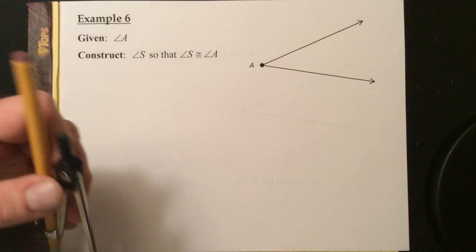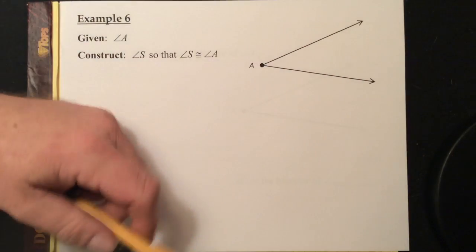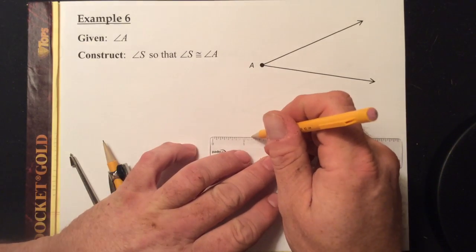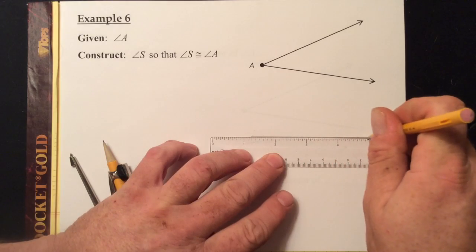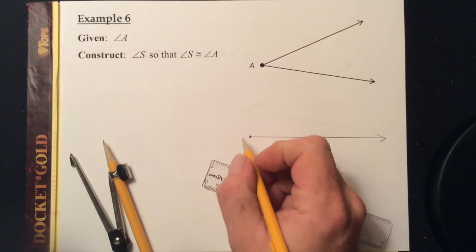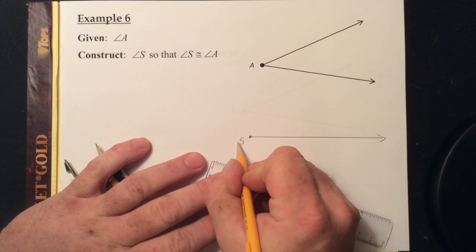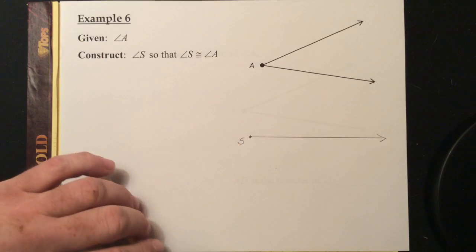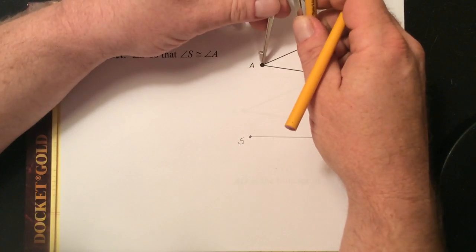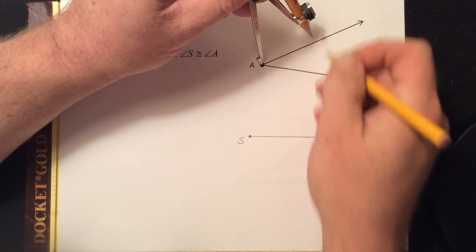To do this, using only a straight edge and compass, the first thing we do is draw a ray. It can be in any direction you want, but it needs to be longer than the two rays already given to you. Label this point right here S. Then we take our compass and put the point on A, and you can set it anywhere you want as long as it goes through both rays.